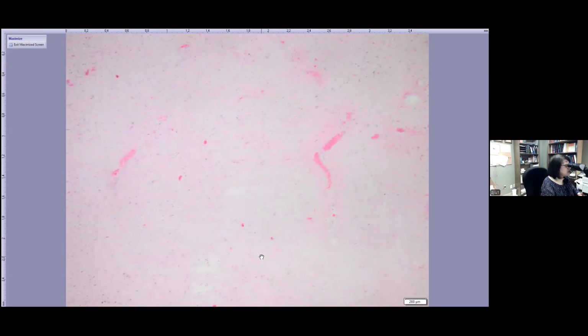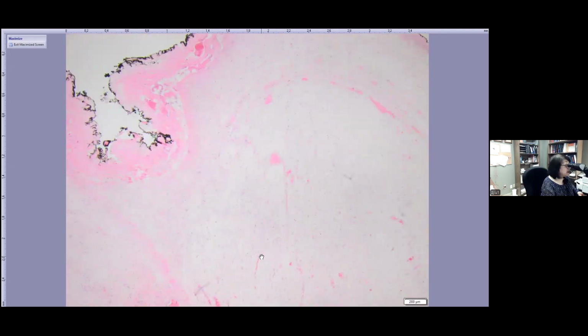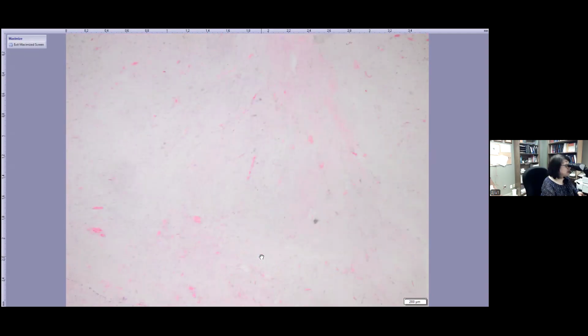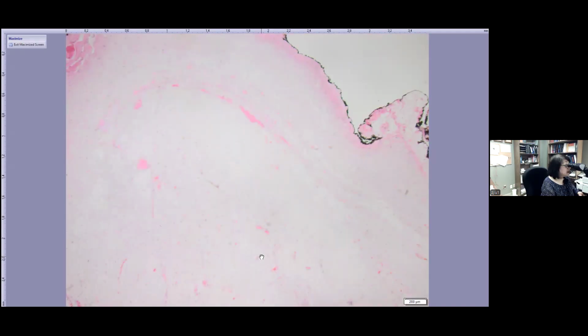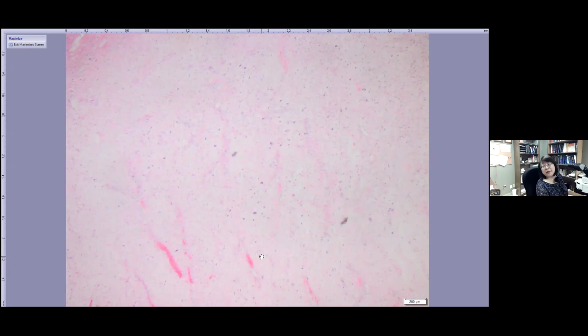And very loose, some myxoid background. Small myxoid area, low power. Big lesion. And even in low power, you can see something here.